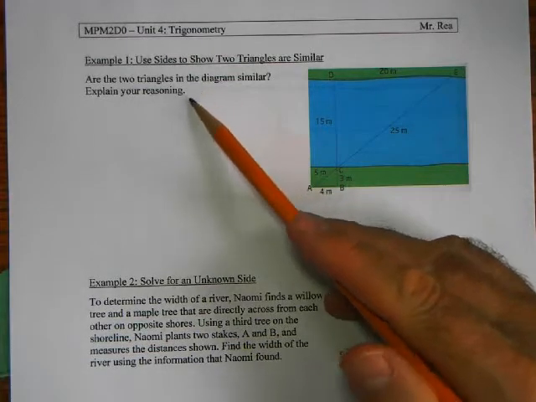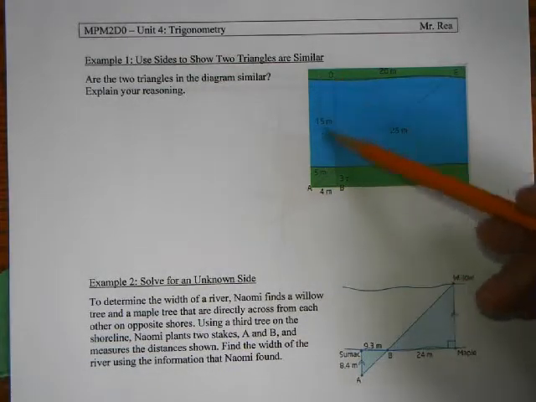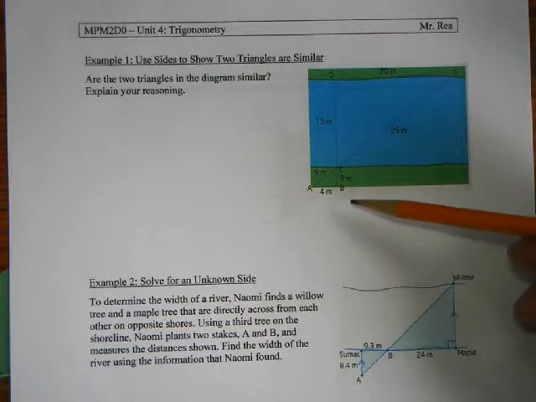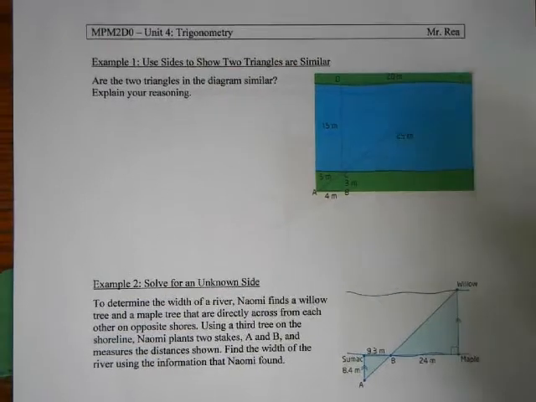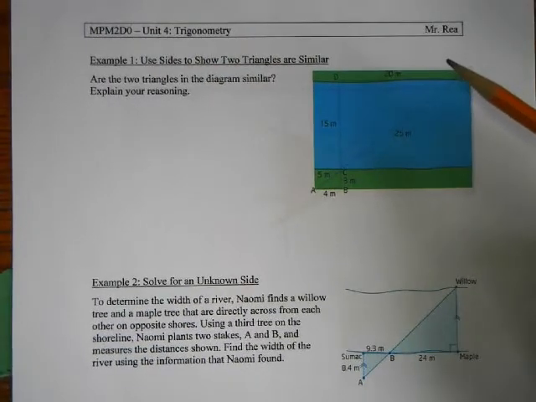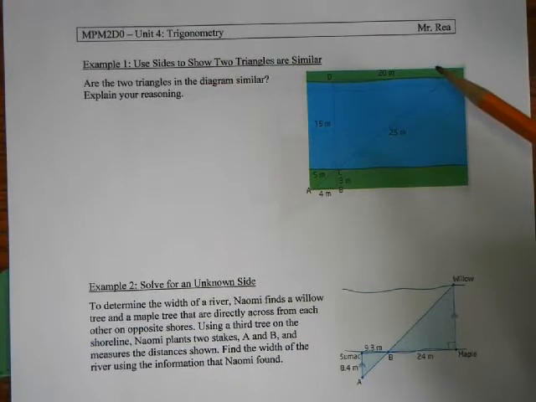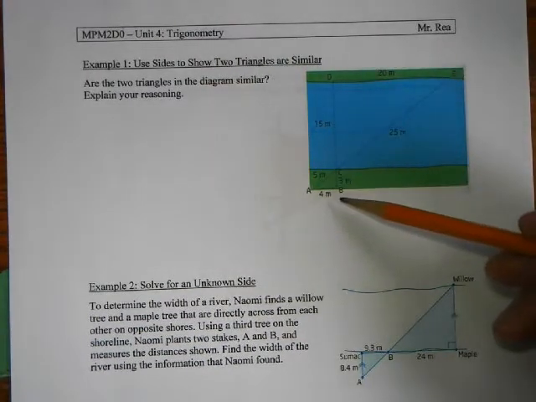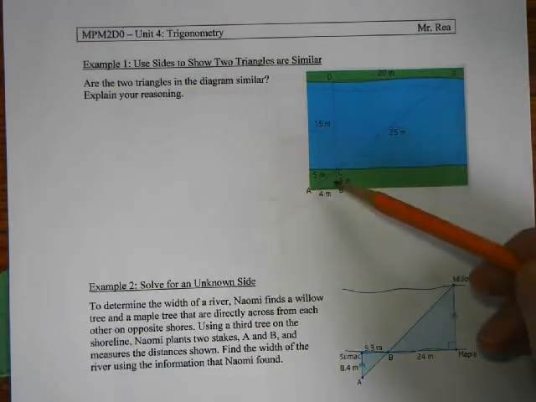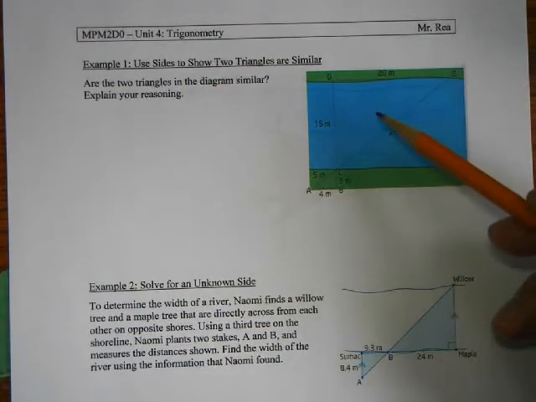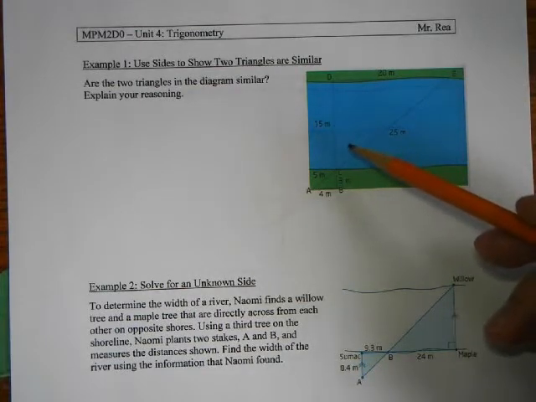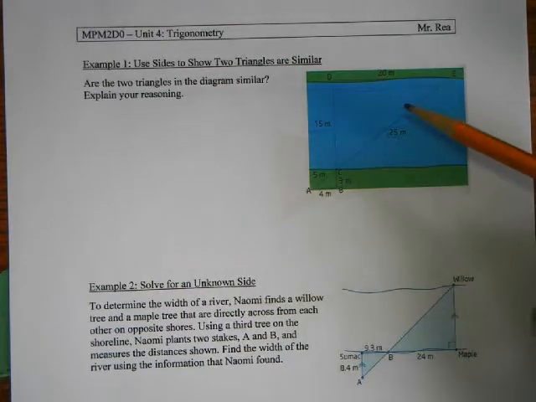So the question is saying, are the 2 triangles in the diagram similar? And you can't just eyeball and say, yeah, they look similar. You have to prove it mathematically. Okay, so there's 2 ways you could prove it based on what we talked about. I could either compare the angles and show that I have 3 pairs of angles, each pair the same measurement.